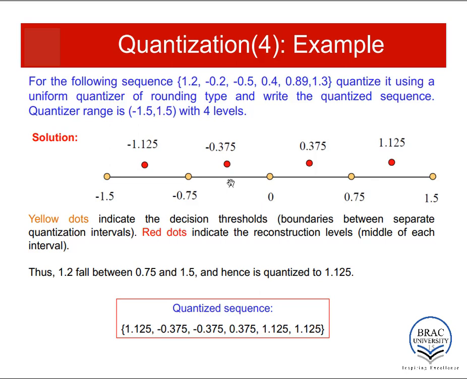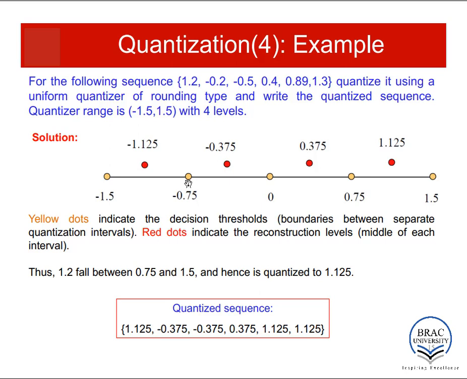So what is the maximum error that we can get? The maximum error will be achieved when the original sample is either at 0 or at minus 0.75. Because if it is greater than 0, then this sample will not be quantized to minus 0.375. The highest sample that can be quantized to minus 0.375 is 0, and the lowest is minus 0.75.